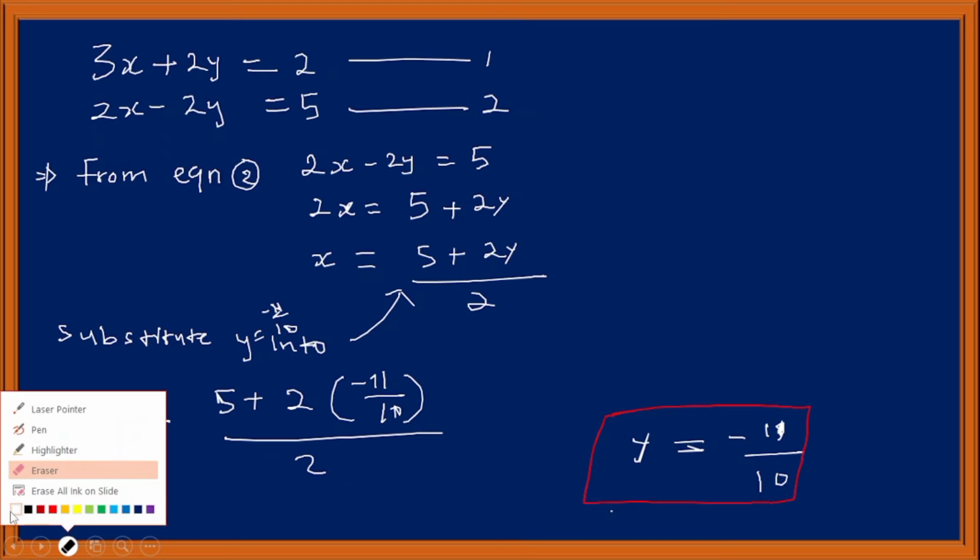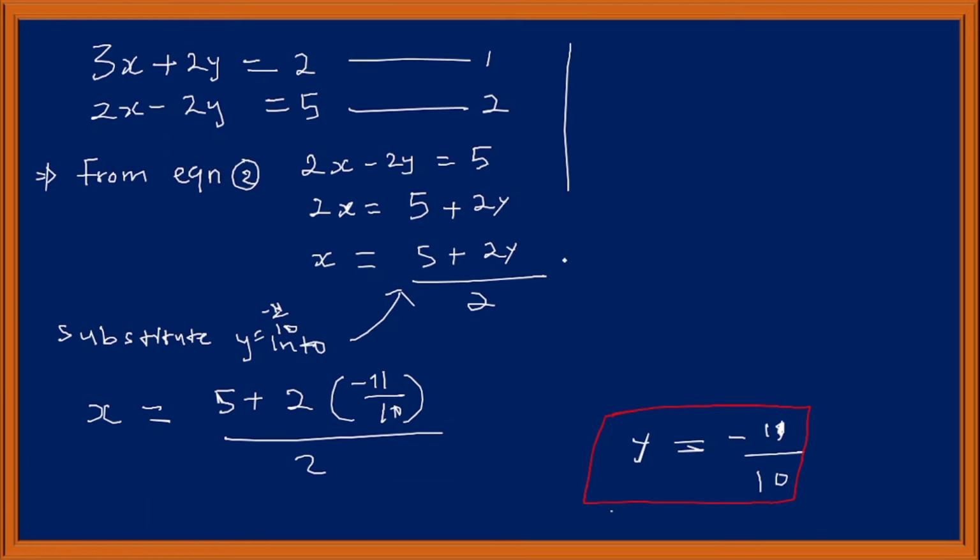So from here, x is equal to 5. This is plus multiplied by minus, so this will change to minus. This is 2 times 11. So this 2 divided into the 10 below will leave me with 5 there. So I'm going to have minus 11 over 5, all divided by 2.